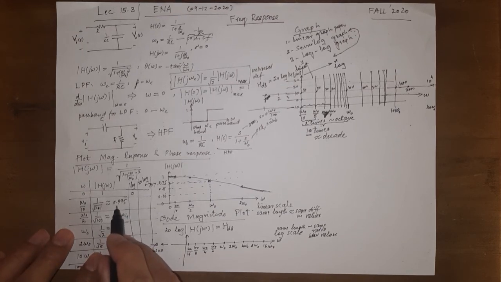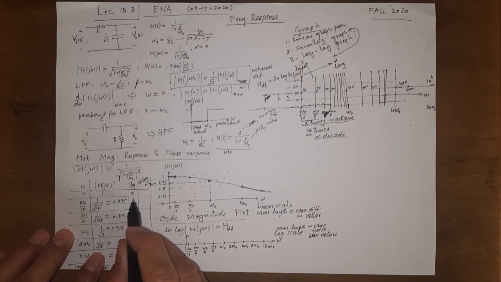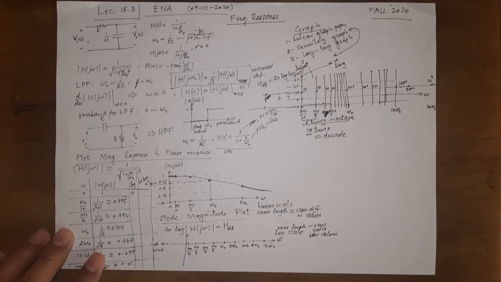The log of 0.995 is something like 0.00, we can have the exact value. Let me do it on the calculator.